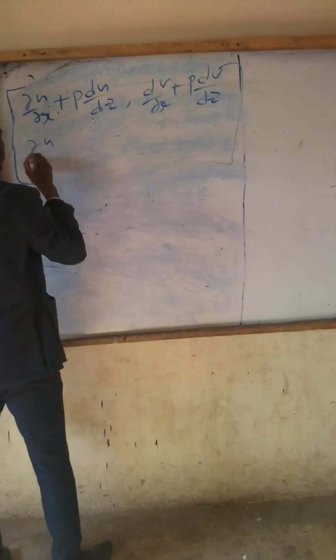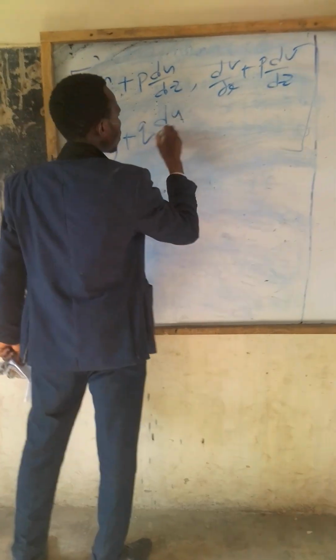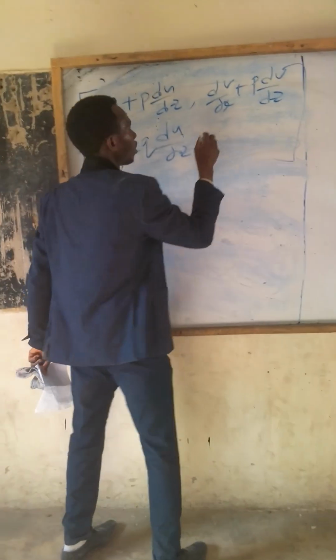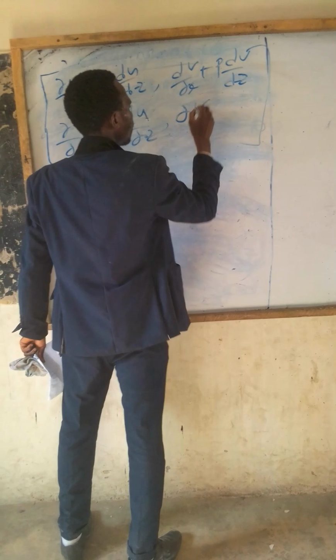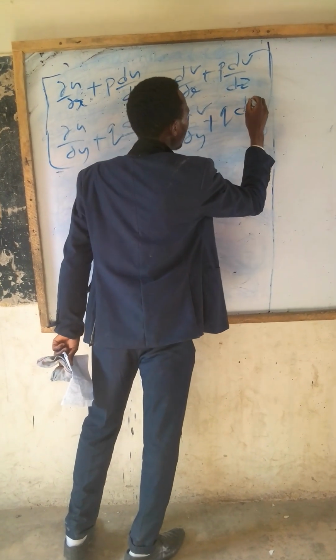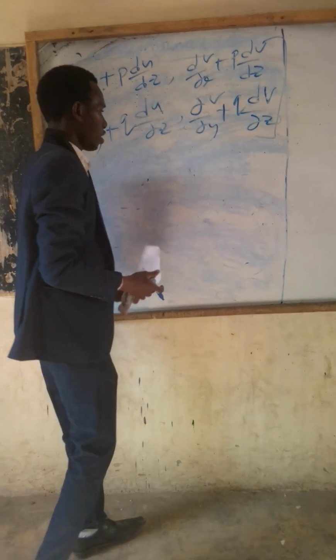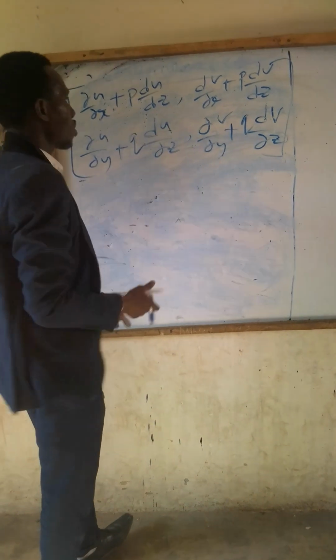And we have u·y plus q·u·z, comma, v·y plus q·v·z. So this was the equation given to us.